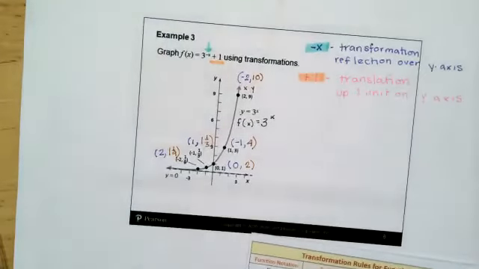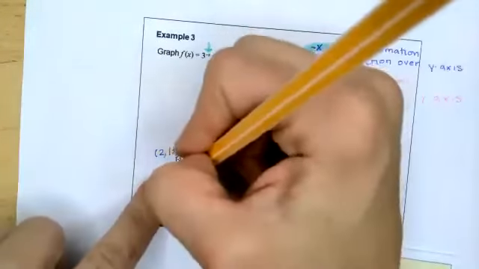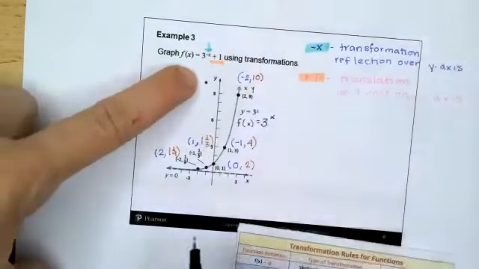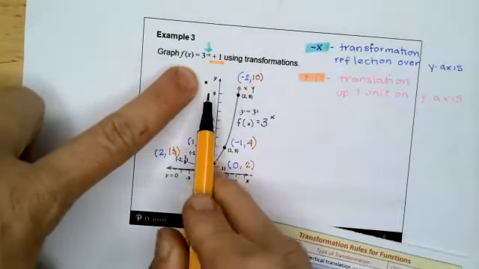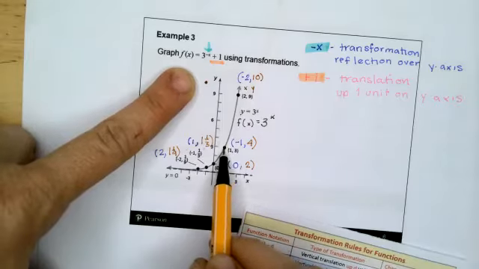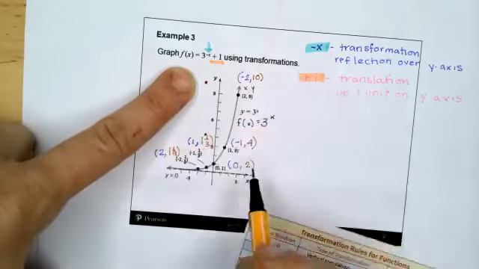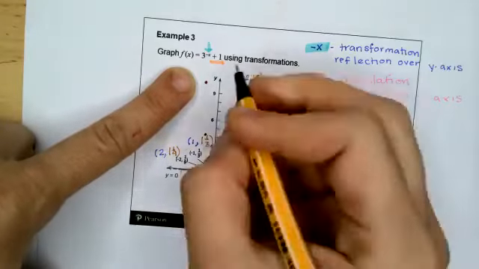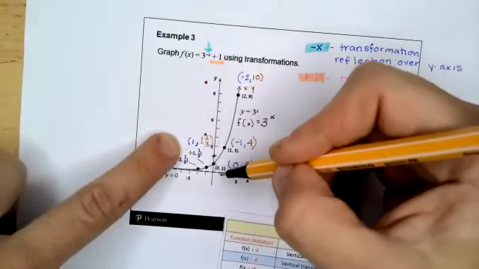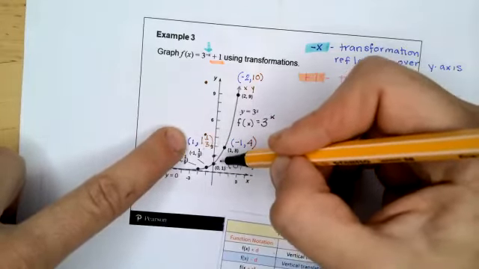So -2, 10 is right here. So instead of -2, 1/9, you have -2, 10. 1, 3 becomes -1, 4. 0, 1 becomes 0, 2. 1, -1, 1/3 becomes 1, 1 1/3.